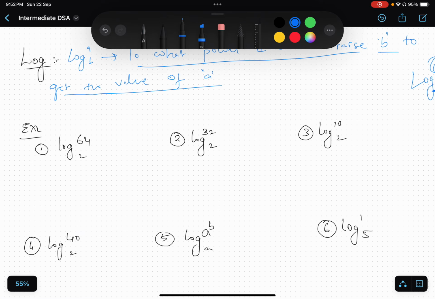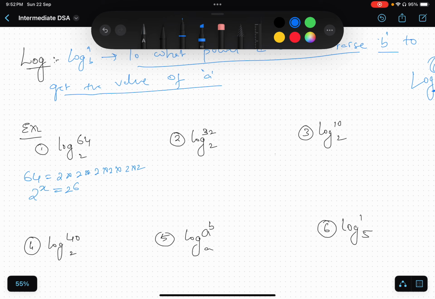We have log 64 base 2. 64 can be written as 2 into 2 into 2 into 2 into 2 into 2, or else 2 power 6, which is also written as 2 power x, because 2 is raised to some power so that I can get 64.